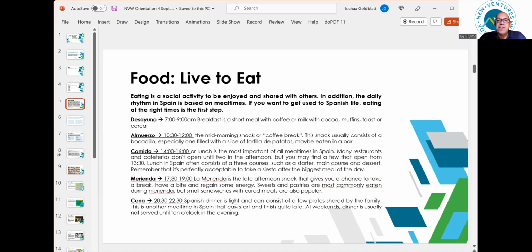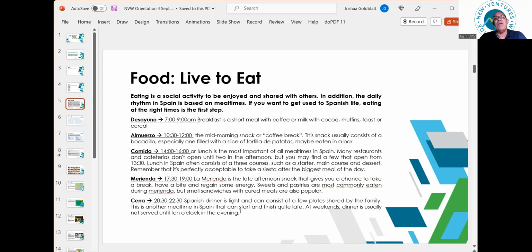And then we have the cena, or the Spanish dinner, which is lighter. It's probably something like a salad, or a soup. And then when you think, well, that was a nice soup, they say, how many eggs would you like? What? Eggs?